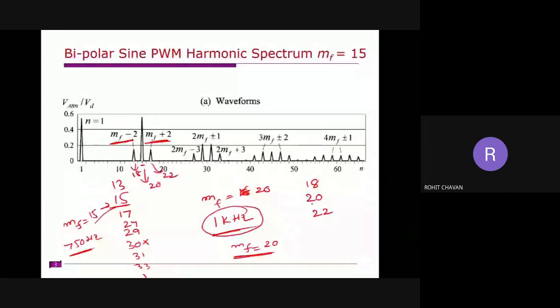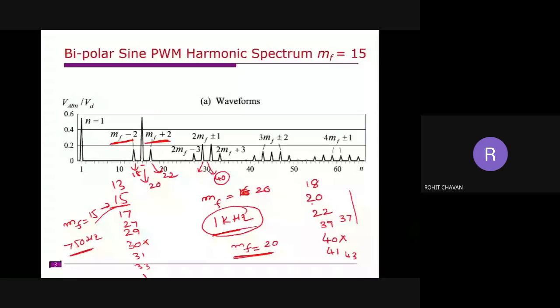Similarly, you have no harmonic at 40, but you have harmonics at 2MF plus or minus 1 and 2MF plus or minus 3, that is at 39, 41, and 37, 43.